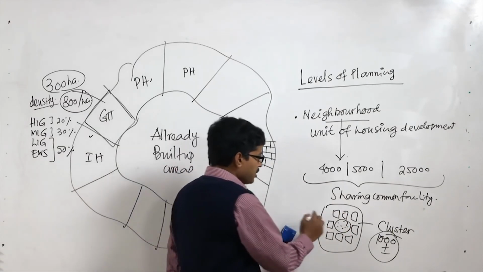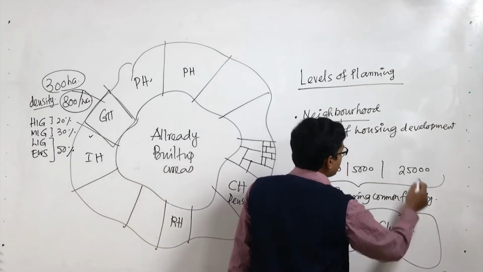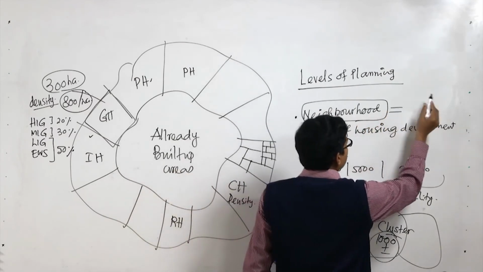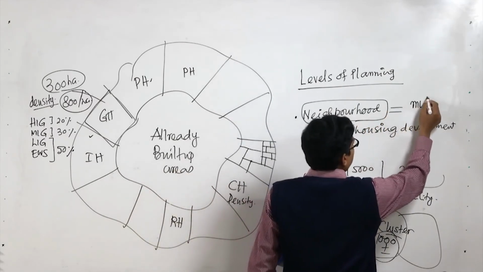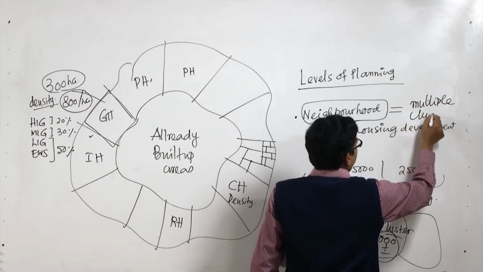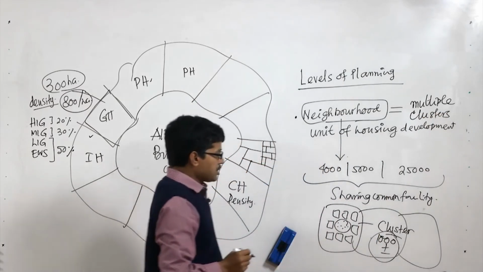Multiple clusters can form one neighborhood. So, basically a neighborhood is equivalent to multiple clusters.